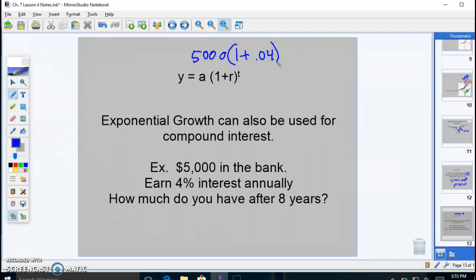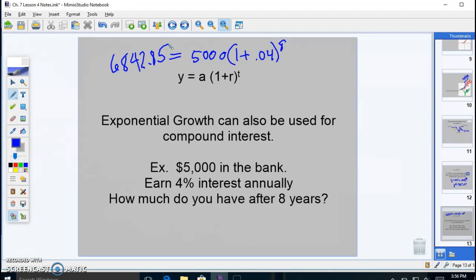And how much would I have after 8 years? So I need to start off by taking 1.04, raise it to the power of 8, and then multiply that by $5,000, and I get an answer of right about $6,842.85.